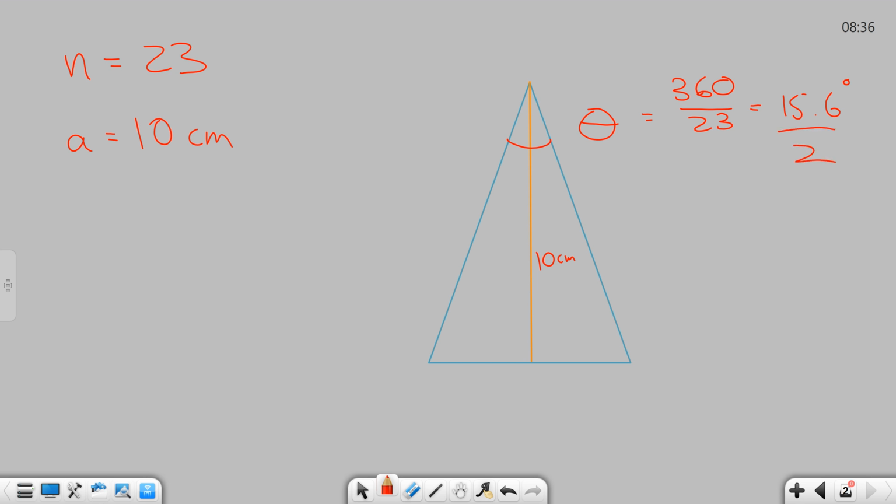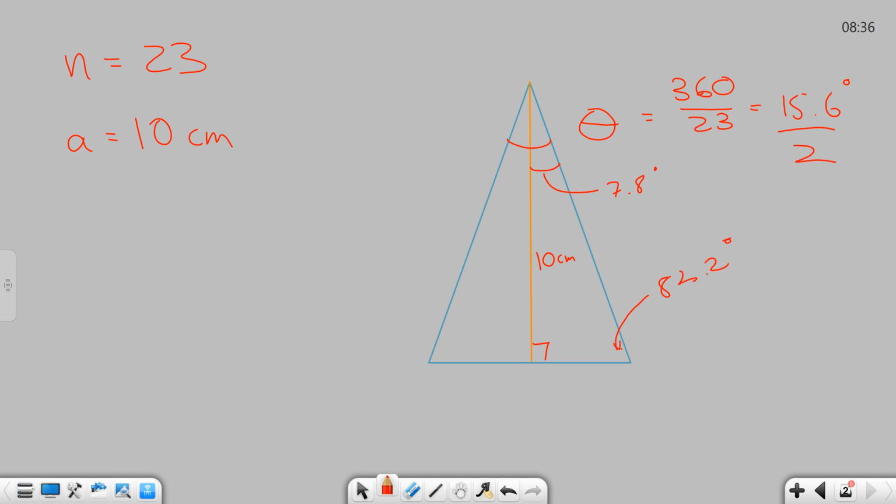Then, I'm assuming you divided that by 2 to get this angle? Or did you go to that angle down there? Okay, what'd you do? Divided by 2. 7.8. Okay, then what did you do? And then, since it's a right angle, I just subtract 7.8 from the other. Okay. And I got 82.2.